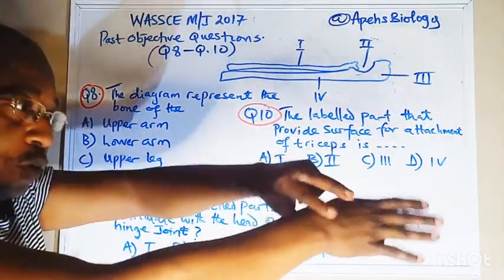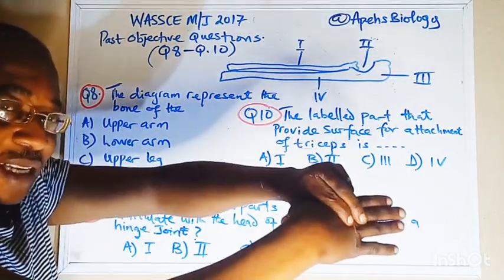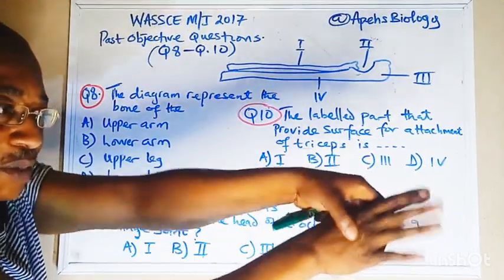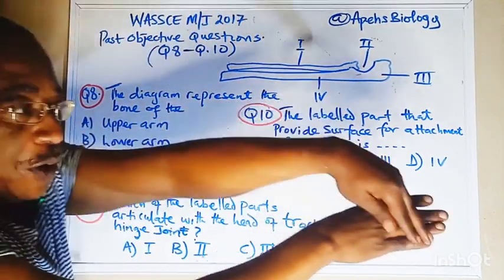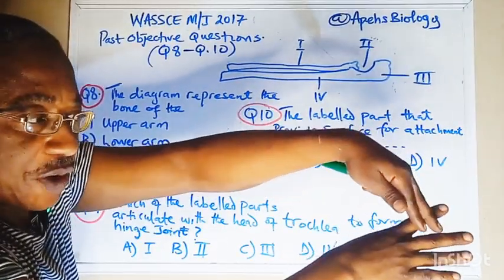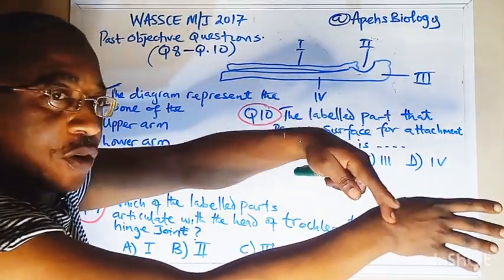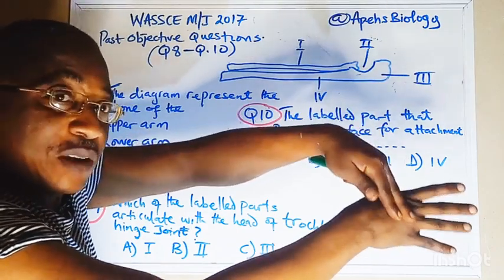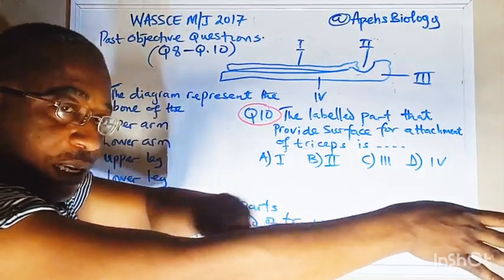Now, the bone of the wrist is called the carpal. The bone of the hand is called the metacarpal. Then the digits are called phalanges. The upper one here is called the radius.